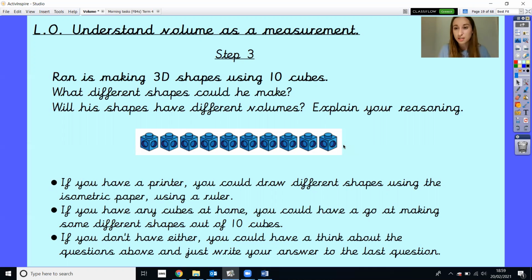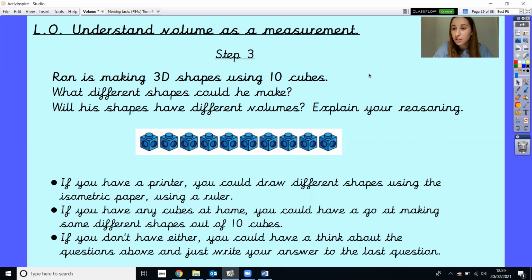Now, you've got some options here, depending on whether you're at home, whether you're at school, whether you've got a printer, whether you haven't. So if you have a printer, you could print out the isometric paper, that dotted paper that I mentioned earlier. That's on your home learning timetable this week. So you might have already printed it out, or you could print it out. And on that isometric paper, you could draw the different shapes you think Ron could make using his 10 cubes.